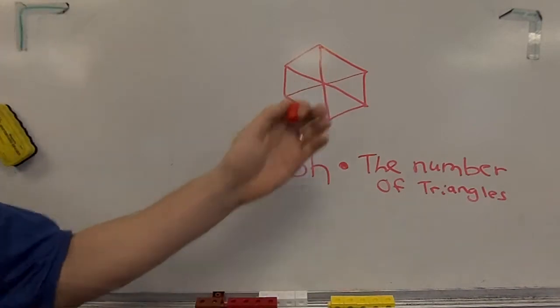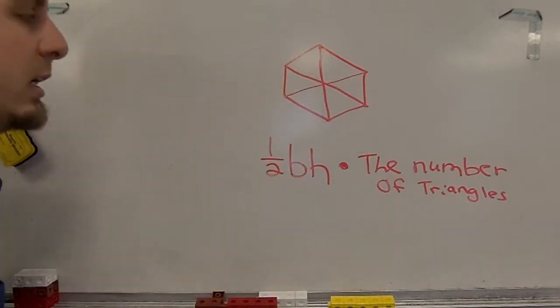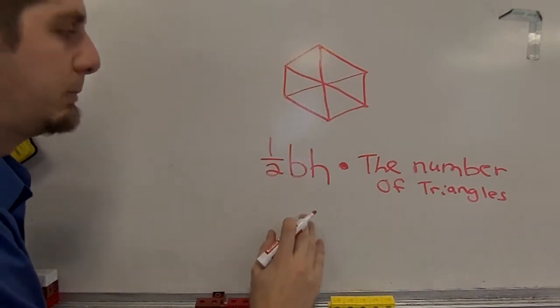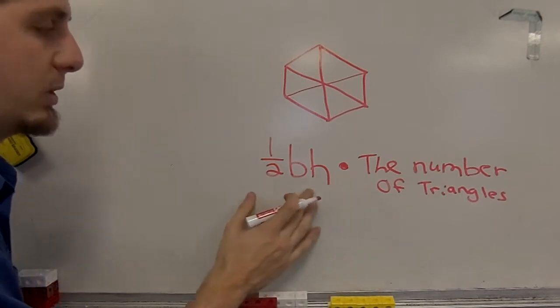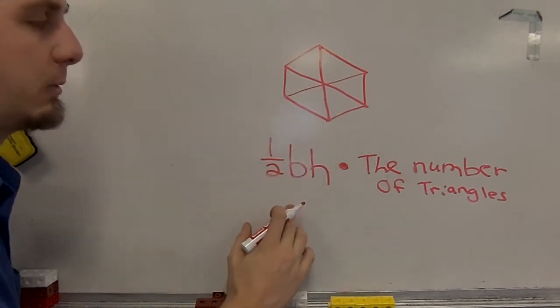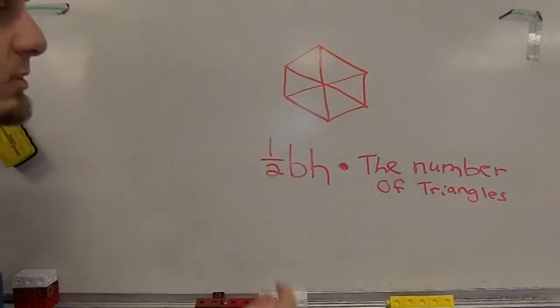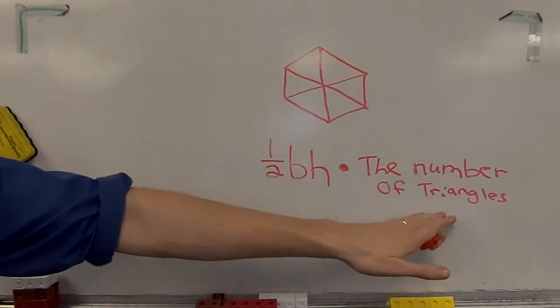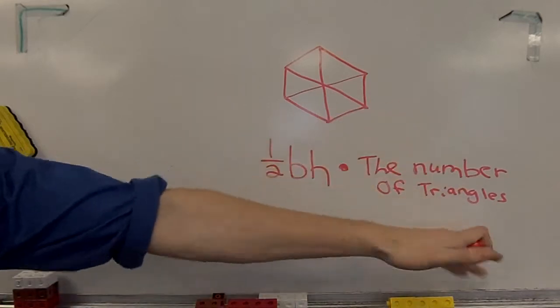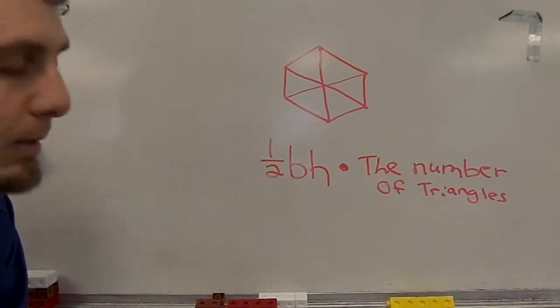Okay? So with the hexagon, there are 6 triangles inside it. So I would do 1/2 times the base times the height to get the area of one triangle, and I would multiply that number by the number of triangles, which in this case is 6. If there were 7 triangles inside, I would multiply it by 7. If there were 8, I would multiply it by 8. 9, I would multiply it by 9.